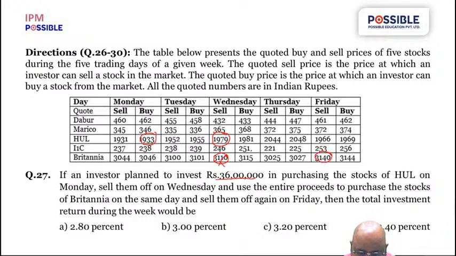I made a mistake. This is the price that I will be looking at. So HUL bought on Monday, sold on Wednesday. Britannia bought on Wednesday, sold on Friday. We are looking at the return during the week. Again, calculation is involved. So the number of stocks of HUL that I will get is 36 lakh divided by 1933.